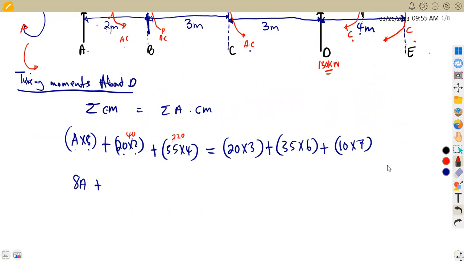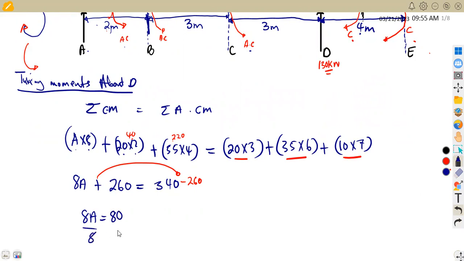So if we add 40 plus 220, which is going to be 260. So 260 is equal to, so on this side, I want you to combine everything. You multiply, then you add, multiply, then you add, you're going to obtain 340. So 8A is equivalent to, if we transpose 260 to this side, that will be minus 260. That means we are going to obtain 80 in this case.